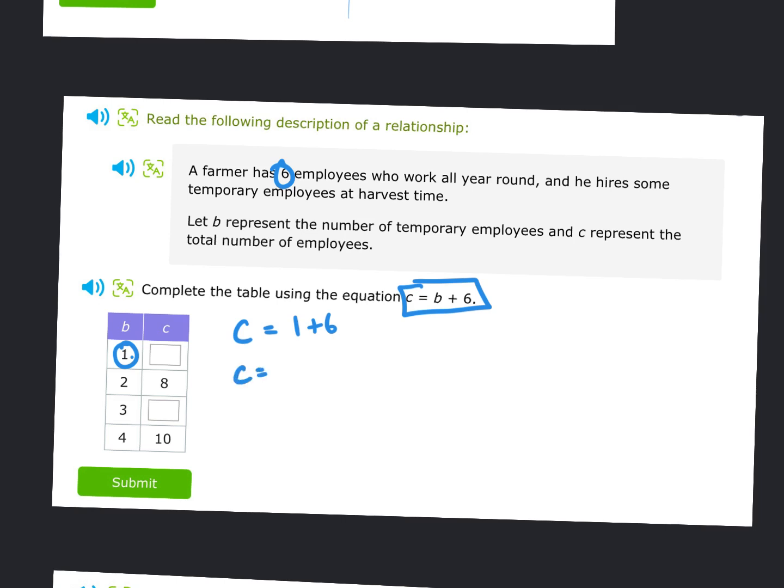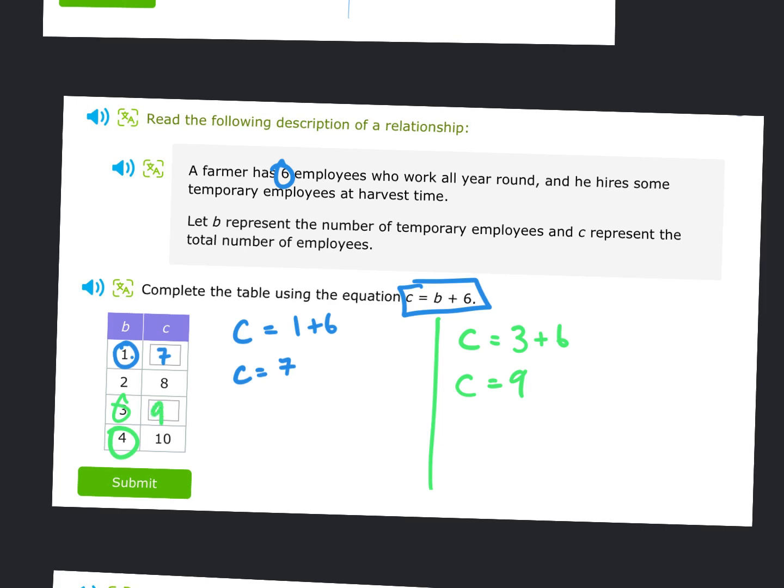So C is equal to 7, and then I'll do the other one in green on the other side. So I plug in 3 where B is, so C is equal to 3 plus 6. I could have solved for it already, and I would have 9.